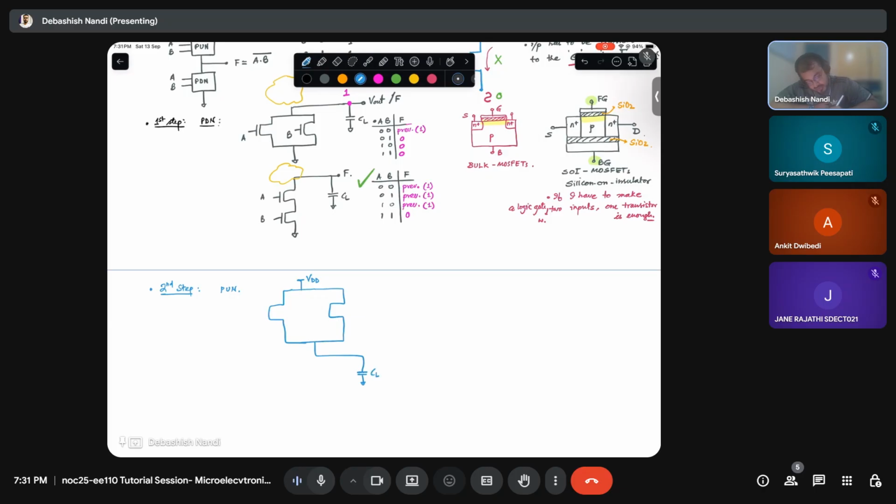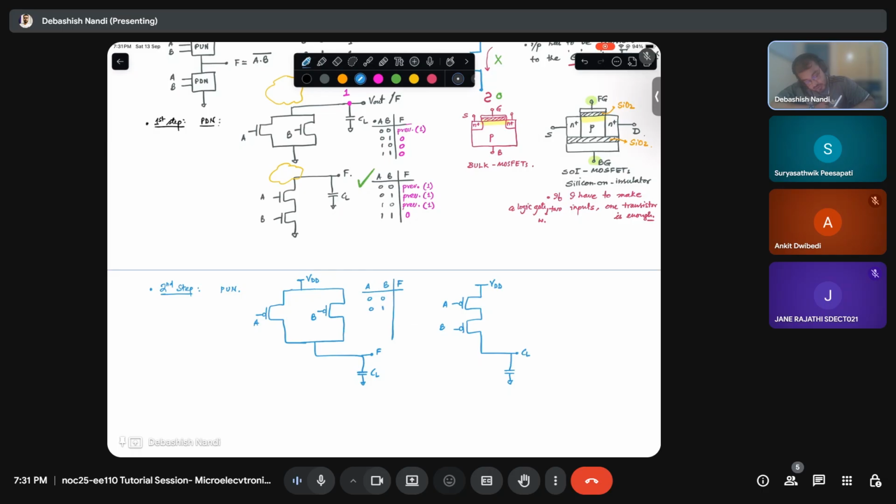So this is my CL, this is my F, and this is my A, this is my B. Similarly, I can have them in series. VDD, A and B. So quickly tell me the truth table for this.